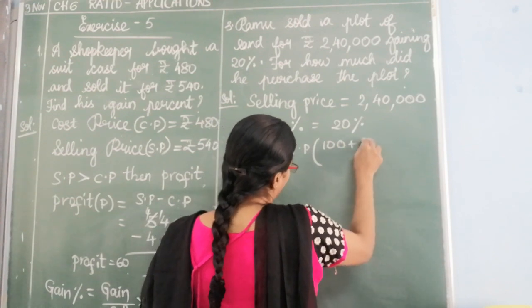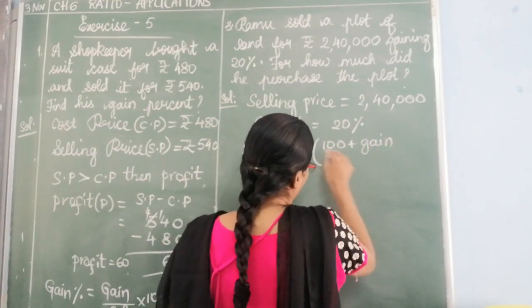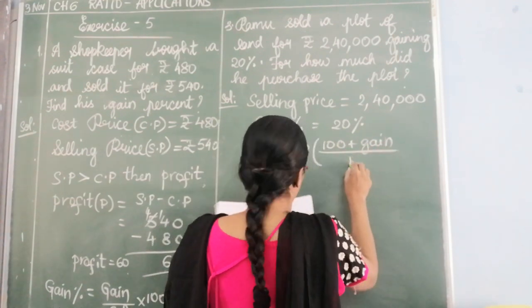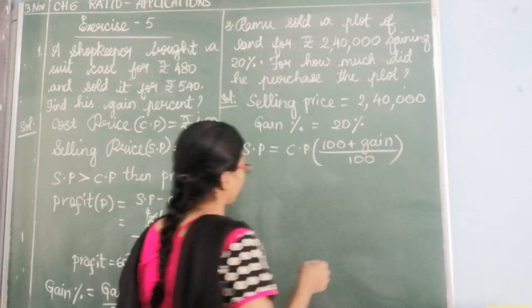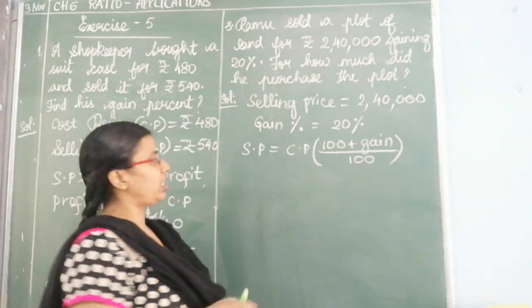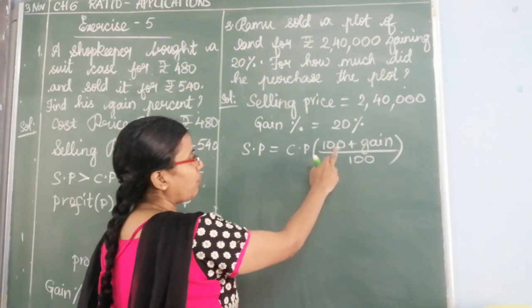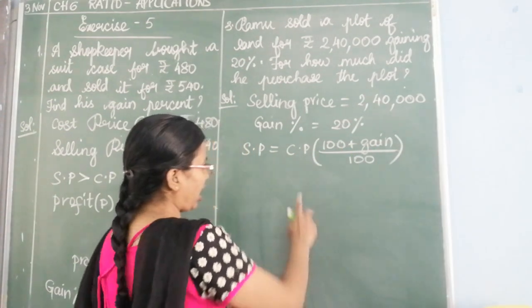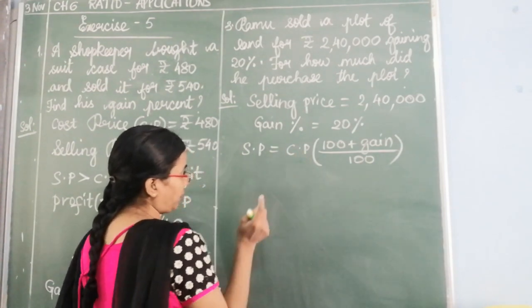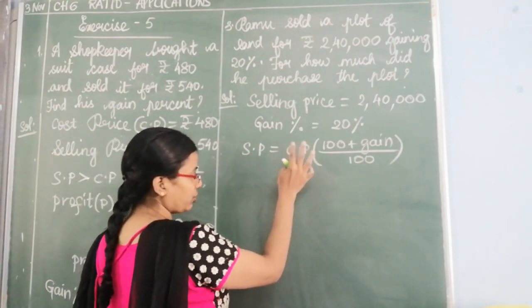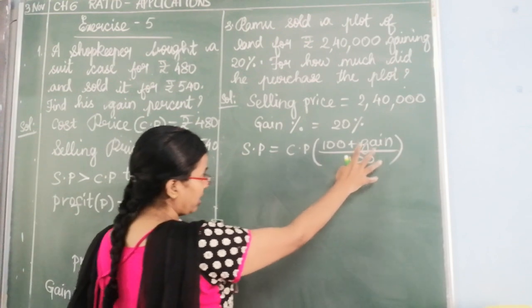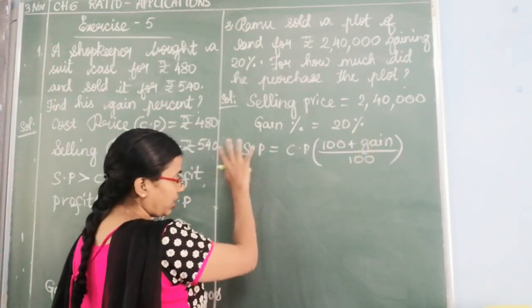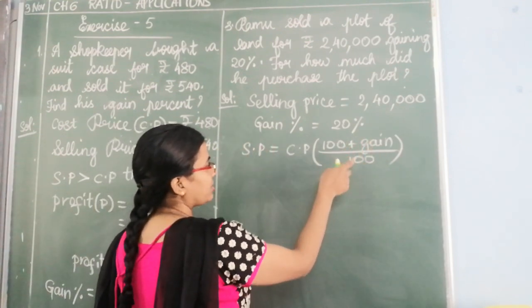Now let's use the formula: SP is equal to CP into 100 plus gain divided by 100. Okay, now we want to find out the CP, not SP. So what we are going to do is, we are going to take this complete one to the other side. What happens?